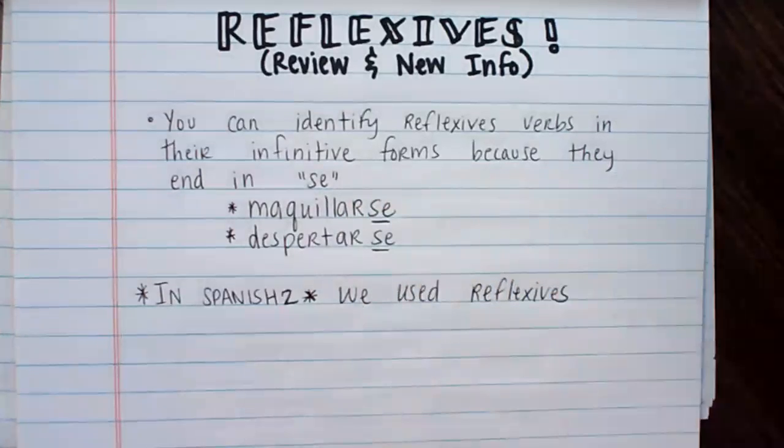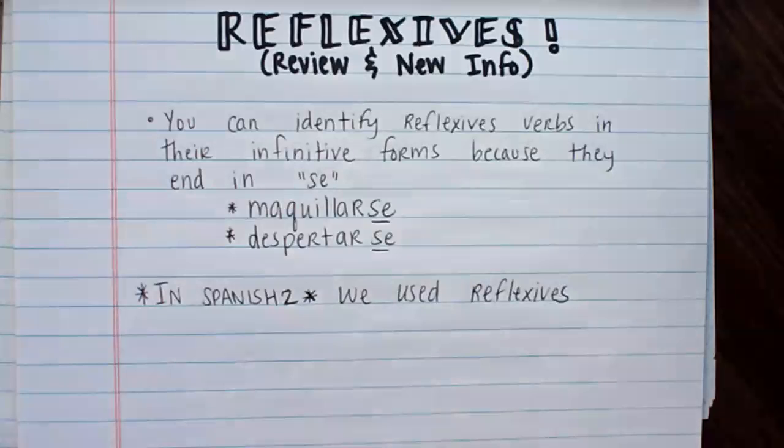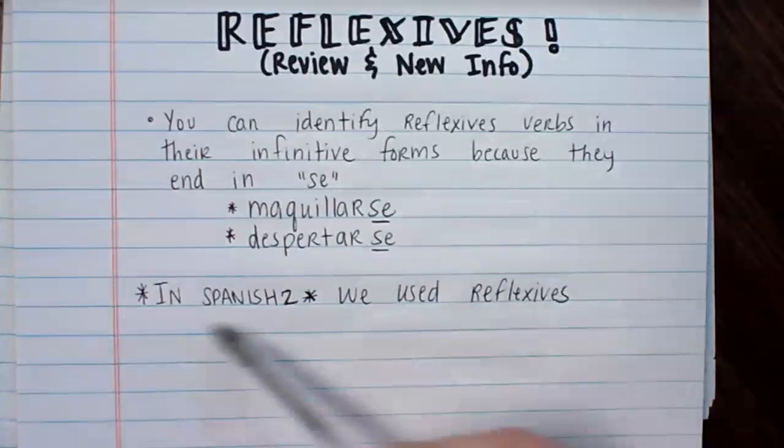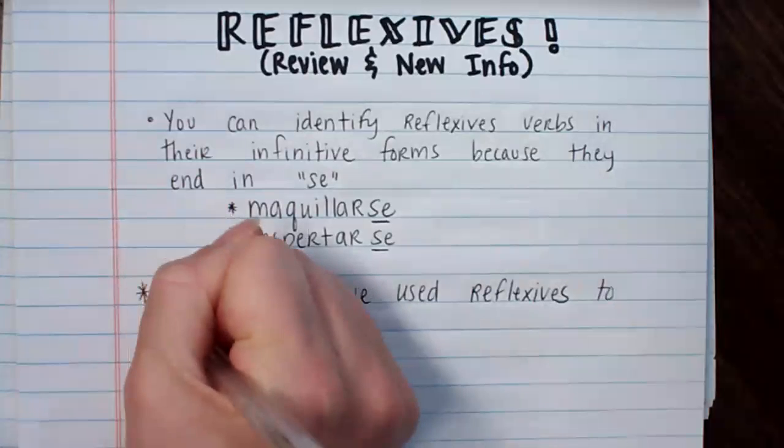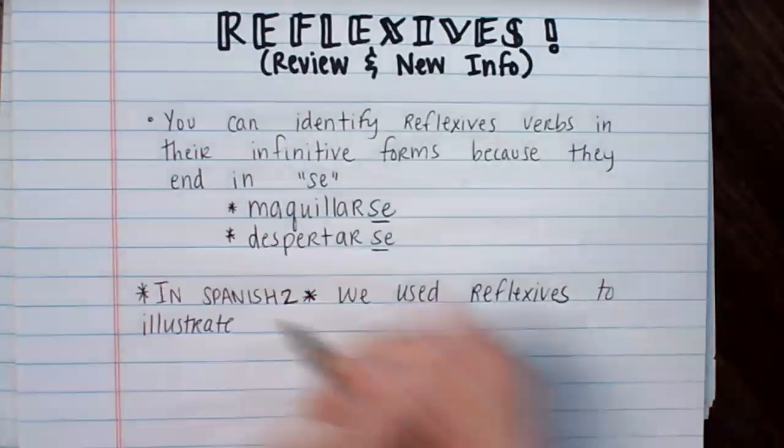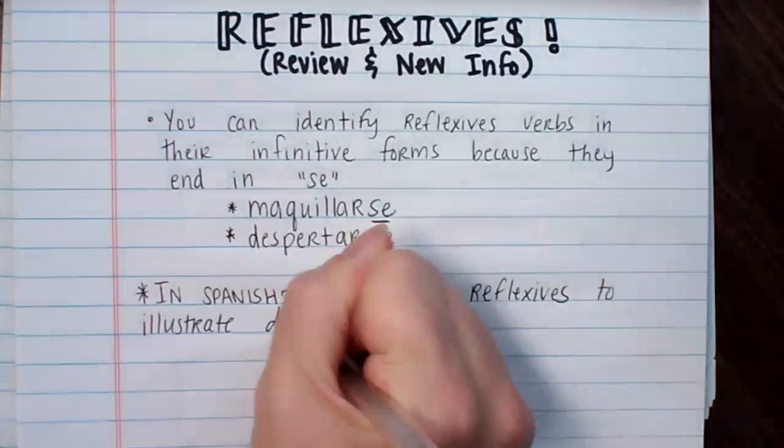So in Spanish 2, it doesn't hurt to write this stuff down. If I'm writing it down, you know it's important enough for you to write down. We use reflexives to illustrate doing an action to oneself.